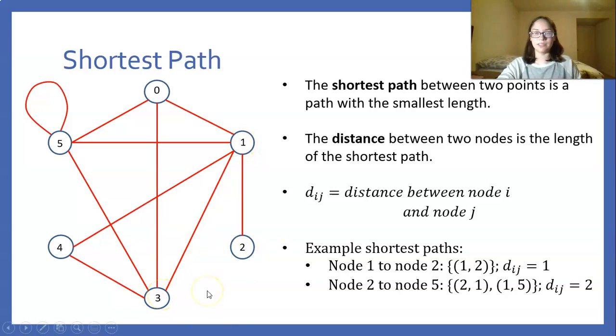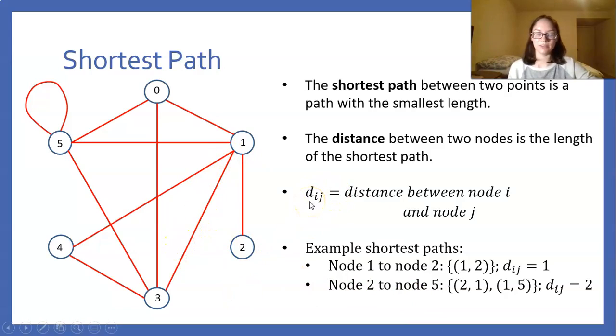There's only 2 edges in that. And we define the distance between 2 nodes to be the length of the shortest path. So in this example, the distance between node 2 and node 3 is 2, because the length of that shortest path is 2 edges.